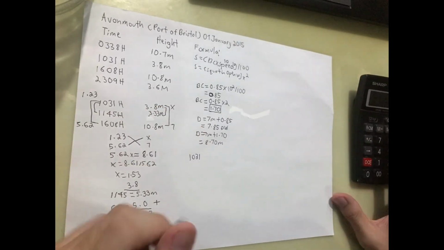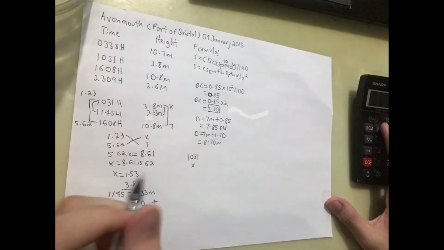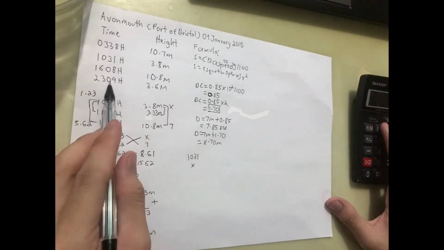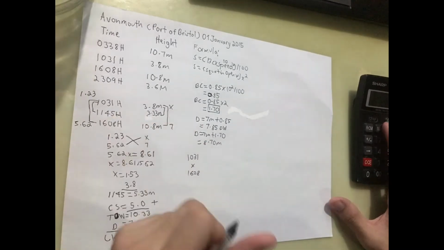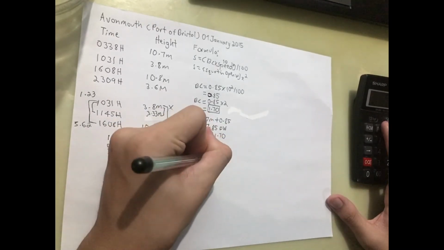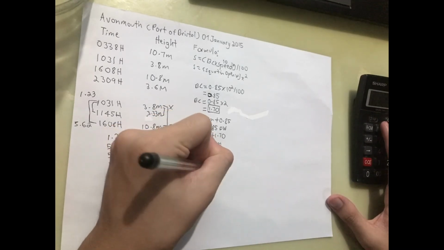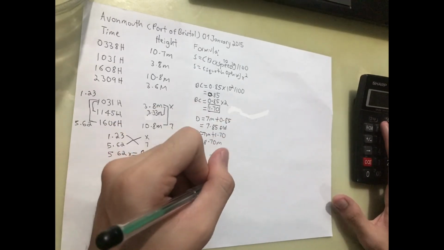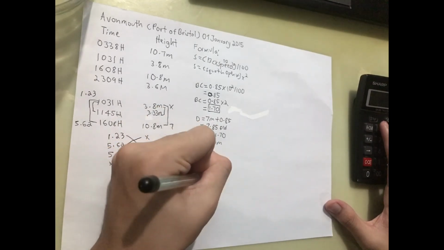We put an x because the time is what we are looking for, and next we bring down 16:08 hour, and on the other hand their height is 10.8, and then we also bring down the given 6.0, and we bring down the 3.8 meter of 10:31 hour.